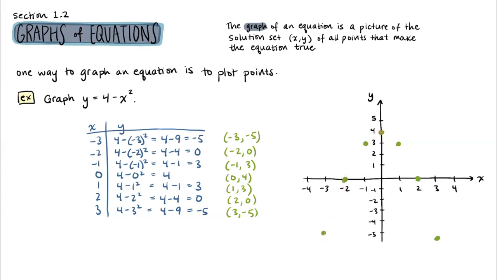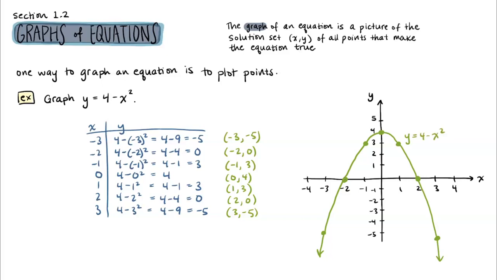A graph is made up of an infinite number of points. We can plug in some and then use our knowledge of what the shape of these things should look like to piece it together. And so there it is, the graph of y equals 4 minus x squared.